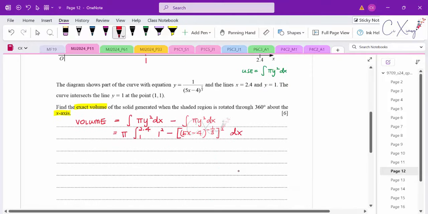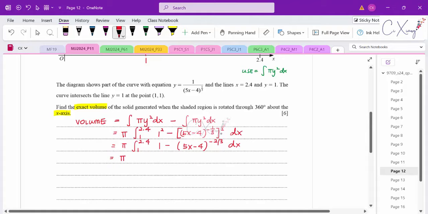Then slowly we need to start the integration. Before we start the integration, let us simplify the expression first. 1 squared is 1, nothing special. When we have a power outside another power, we multiply the powers together, so I multiply them first, which is negative 2 over 3, before I can integrate. Then I start the integration.